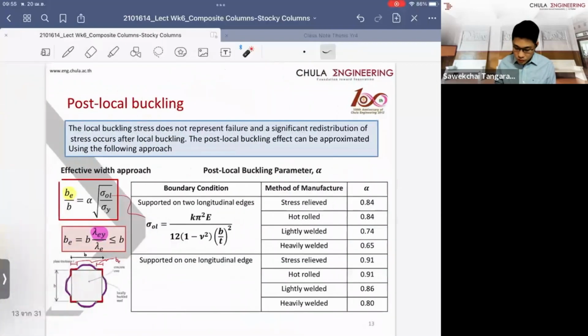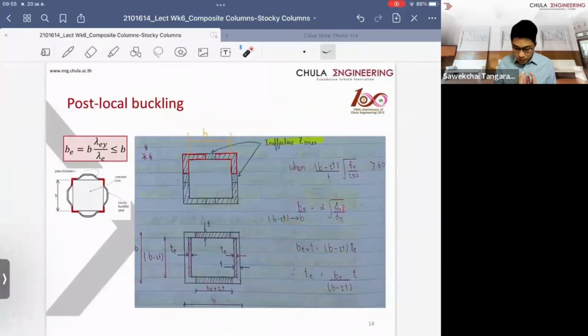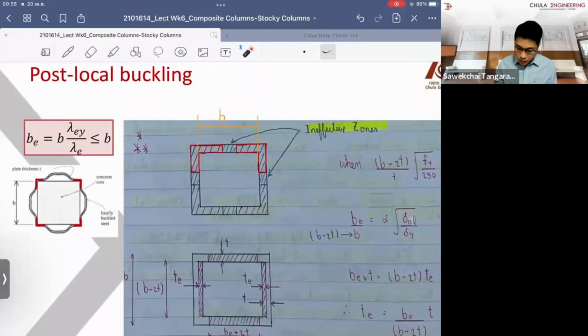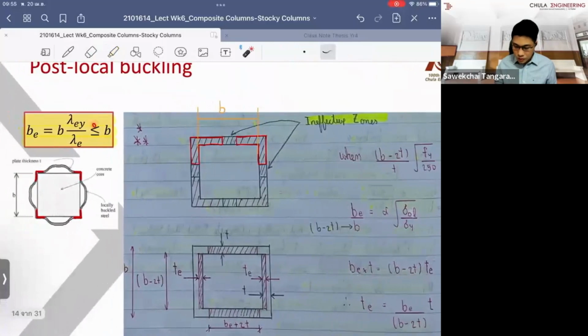If you want to use this buckling formulation, you can do so, but in our calculations, once again, I ask you to use the simplified method. So we take this into our calculation, and you just adjust and find the value of BE, which is the combined width of the two widths here.